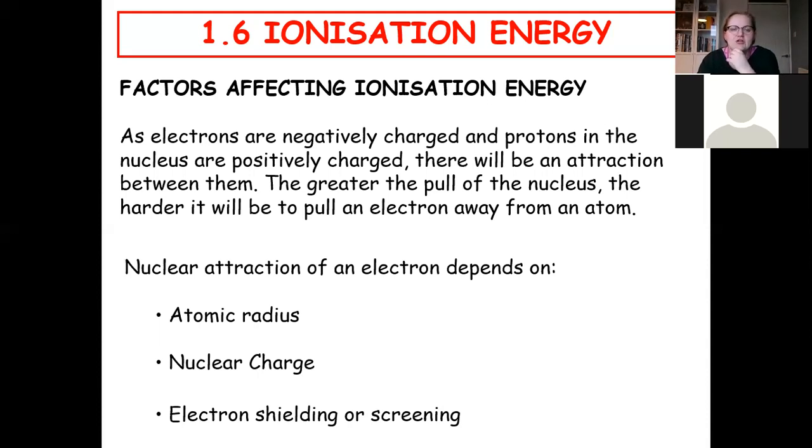So nuclear attraction, this is what we're talking about here. When we say nuclear attraction, it is the attraction between the protons and the electrons in an atom. So nuclear attraction of an electron depends on the atomic radius, nuclear charge, and electron shielding or screening. It means the same thing.